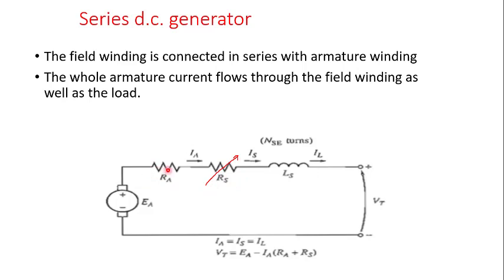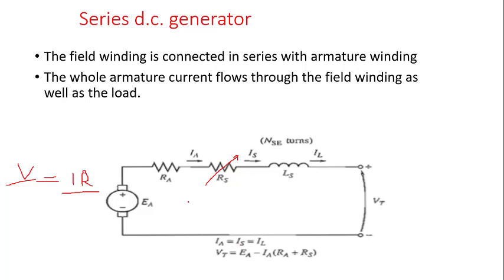One drop because current will flow through here, the IR, Ohm's law. You know that Ohm's law states that V is equal to I multiplied by R. So this IA going through this RA will cause this voltage drop. There will be another voltage drop here, the same IA going through this particular resistance.